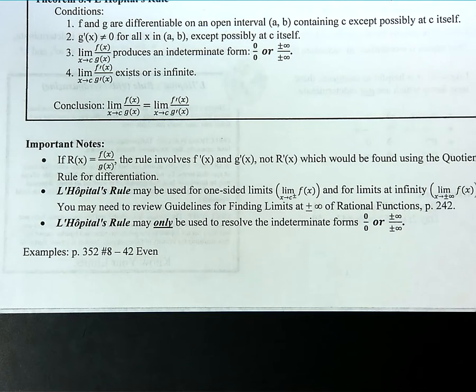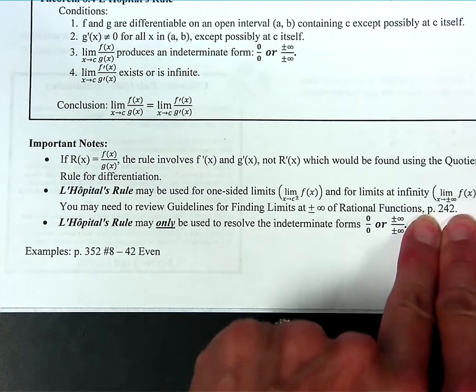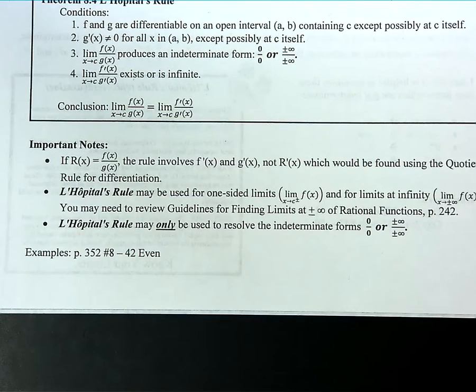Ratio of the leading coefficients. And if the degree of the numerator is higher than the degree of the denominator, what do you know about the horizontal asymptote? There's not one. It takes off to infinity. So that is what's on page 242. You may not even need to look at it.